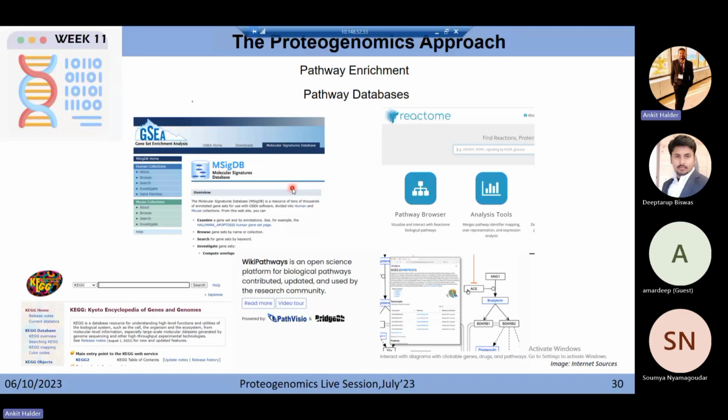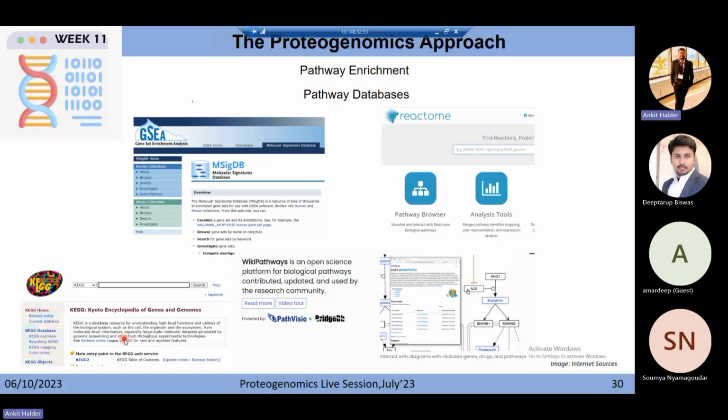Similarly, the MSigDB contains many pathways and the genes associated with those pathways. Similarly there is KEGG, the Kyoto Encyclopedia of Genes and Genomes. Then WikiPathways, and then Reactome. WikiPathways is the kind of Wikipedia of the pathways that get perturbed.